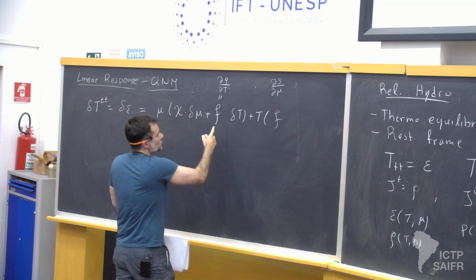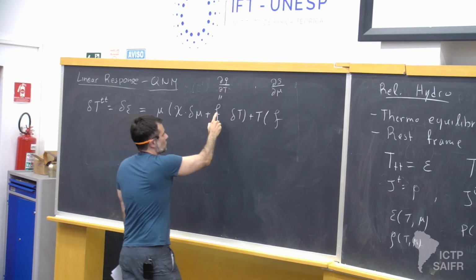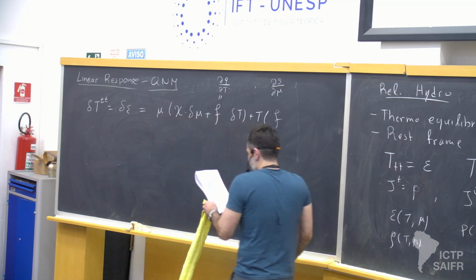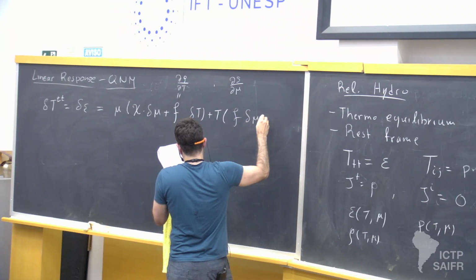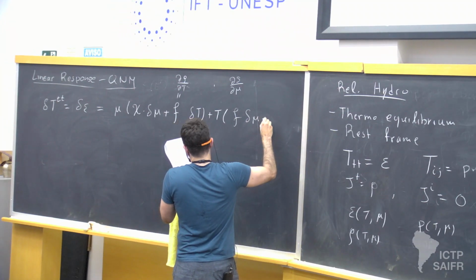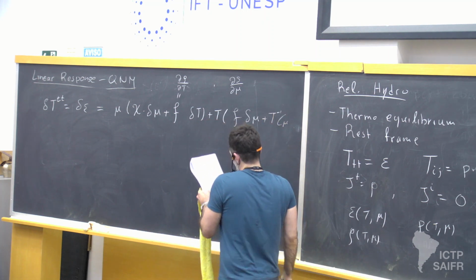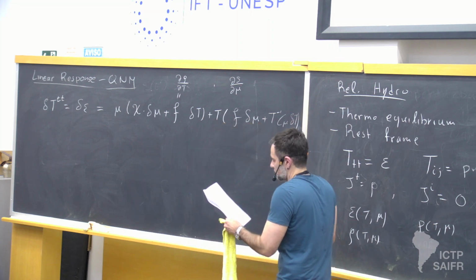But you can use Maxwell's relations and show that this is actually equal to that, so these numbers are going to be the same here. Times delta mu, plus temperature to the -1 times the heat capacity at fixed chemical potential times delta T.